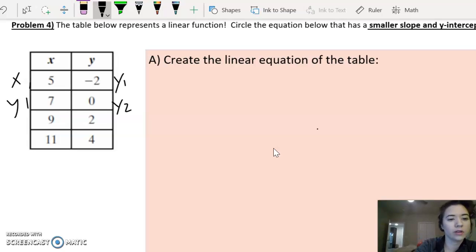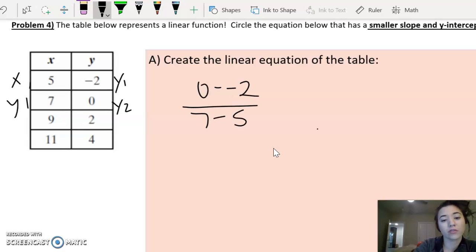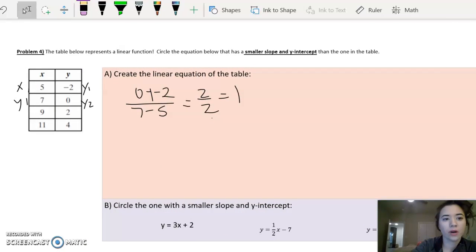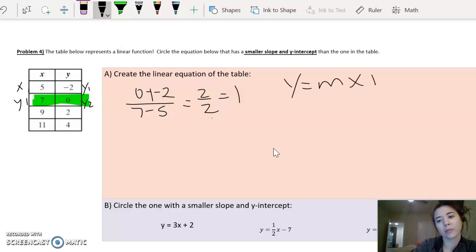X1, y1. So we do 0 minus negative 2, 7 minus 5. We get 2 over 2, which equals 1. Okay, and then now we go ahead and plug in our slope and a point. So let's plug in 7 and 0 here into y equals mx plus b.